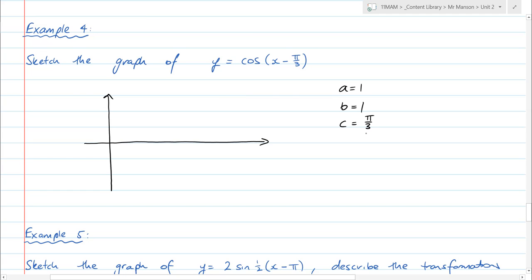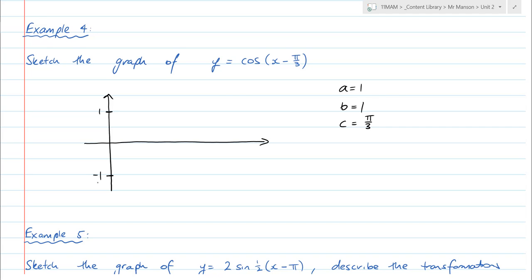Remember, we write our standard form as x minus C, so in this case C takes that positive value. C is equal to pi on 3. The amplitude is 1, which means it goes up to a maximum of 1 and down to -1. So I've already got that information. There's no change in midline because, and some of you will have guessed why that is, but we'll get to that a little bit later this lesson.